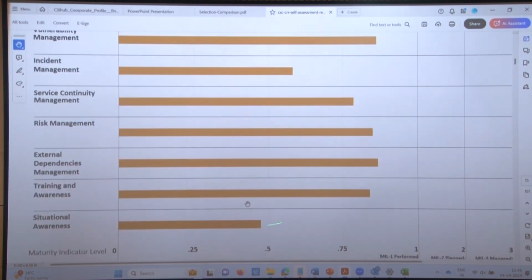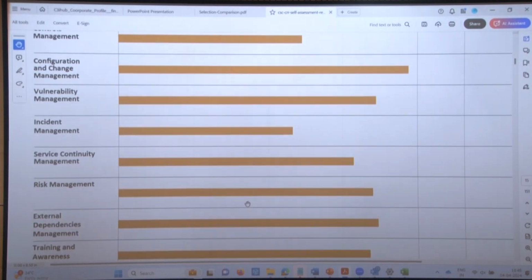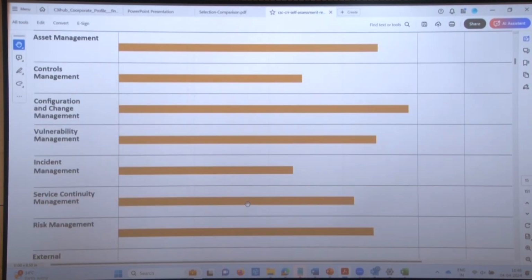In some of these you are almost there, above three-quarters. Incident management is just about 60%, maybe 57 or 56%. Vulnerability management and configuration management you are almost there, and asset management is not too bad.